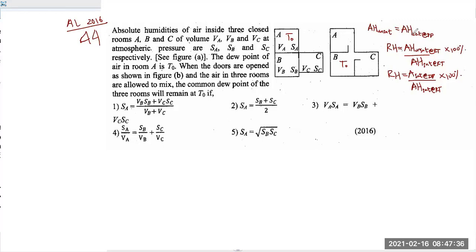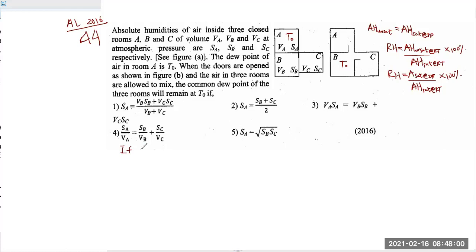So if the dew point is T naught for this region and T naught for this whole region, that means this is constant for this mixed air and this air. If that is constant, the absolute humidity of this unsaturated vapor and of that unsaturated vapor is same. That's the first thing you have to start with.